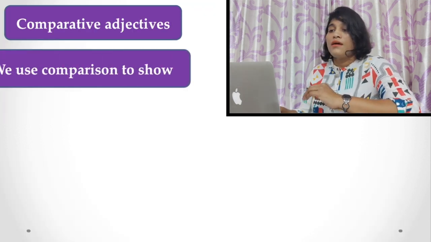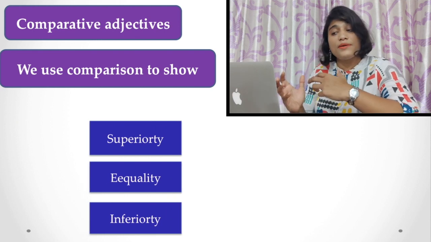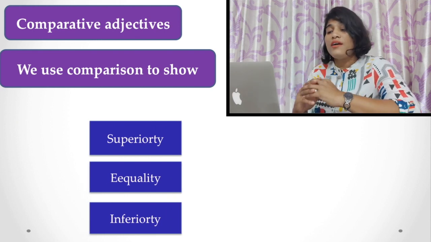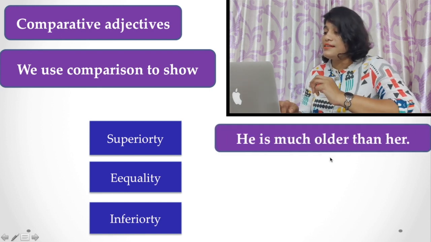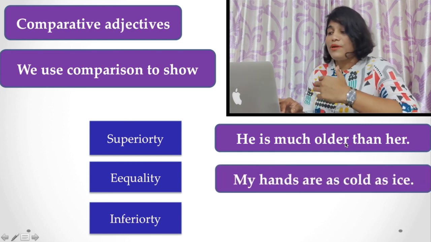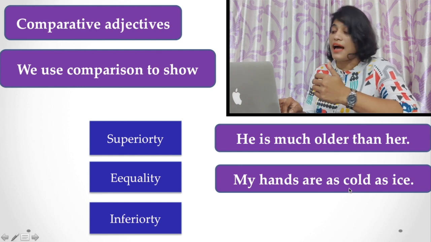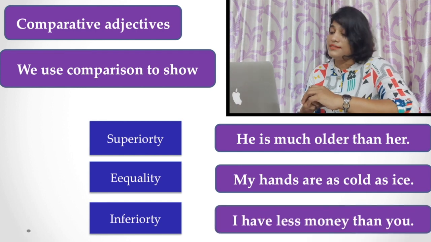Now, we can use this comparison to show either superiority, equality or inferiority. We may say that he is much older than her, or my hands are as cold as ice, or I have less money than you.